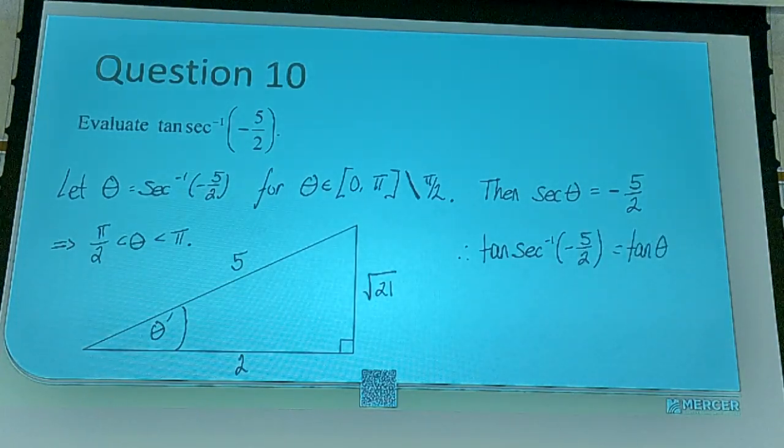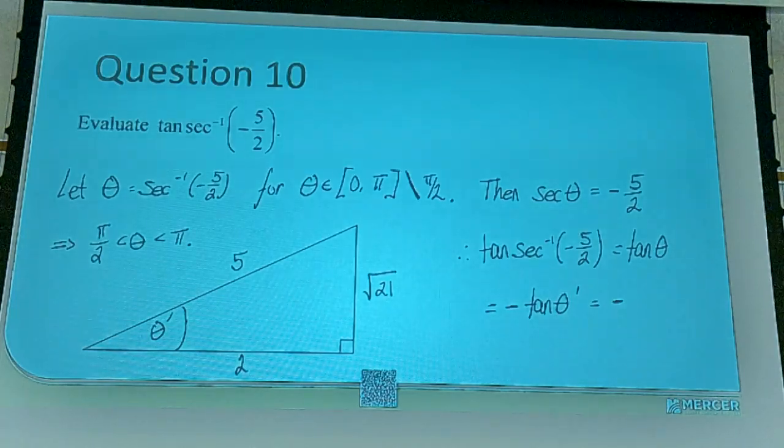So what we're looking for is tangent of theta. In quadrant 2, is tangent positive or negative? Negative. So it would be negative tangent of theta prime. How is tangent defined on a right triangle? Opposite over adjacent.